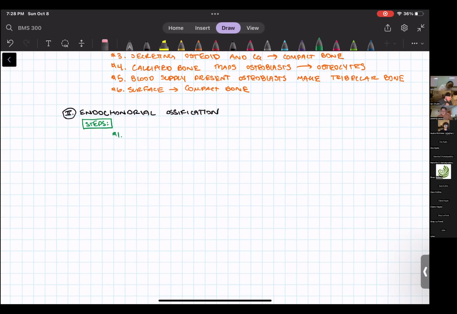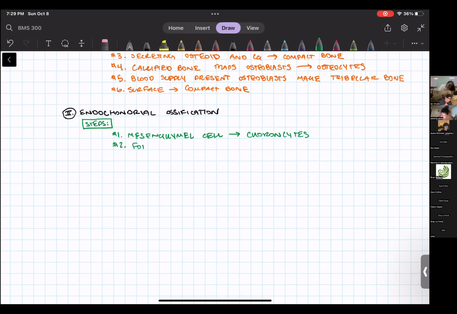All right, so starting here, we still start with mesenchymal. What do you think these turn into in this case instead of the other case? When we're talking about intramembranous, they turn into osteoblasts, but what about endochondral? Chondrocytes. Yeah, which we already talked about make up cartilage. So number 2 here is chondrocytes form that matrix of hyaline cartilage.